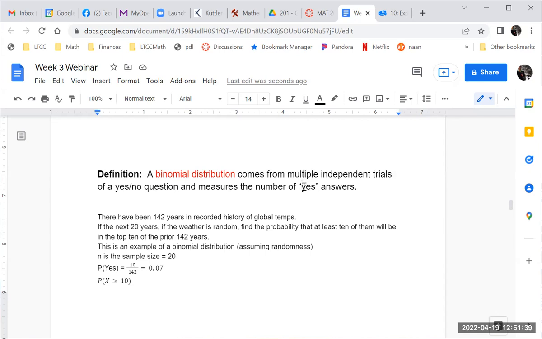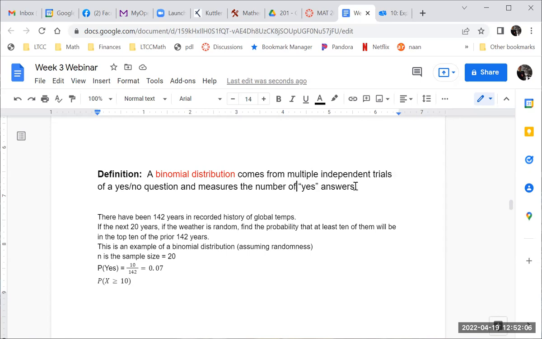But, and this is something to be careful of, the number of yeses mathematically is called the number of successes. Even if success sounds like it's always a good thing, don't shoot the messenger on this. I didn't make up the language, but you'll hear successes for number of yeses, and that's not the number of good things that happen. It just means the number of yes occurrences. Does that make sense?